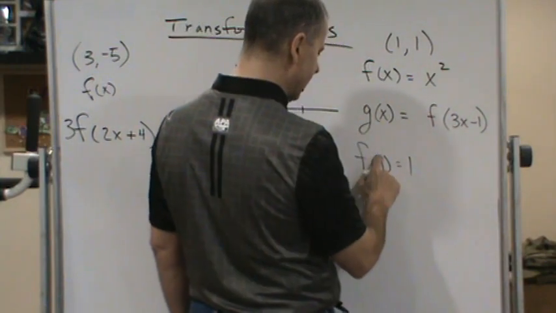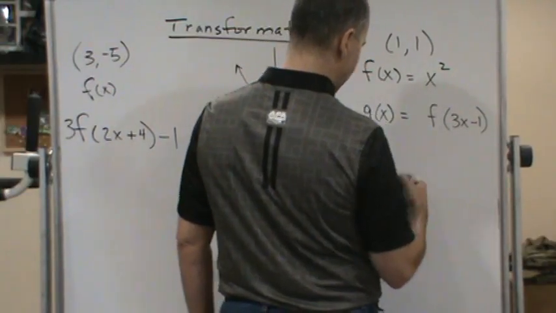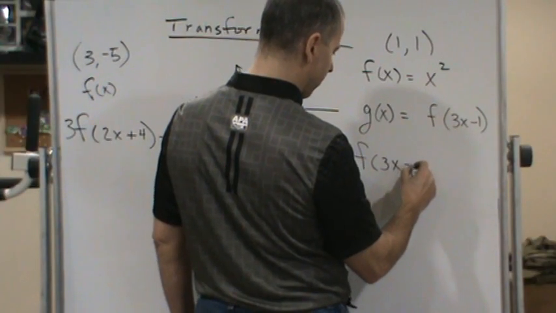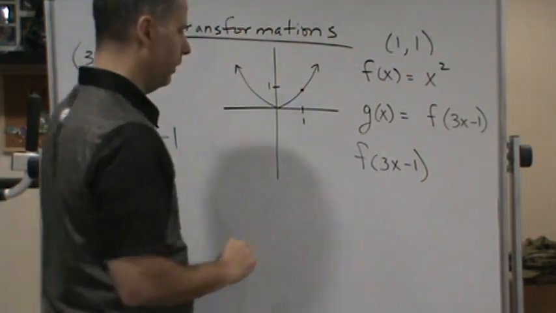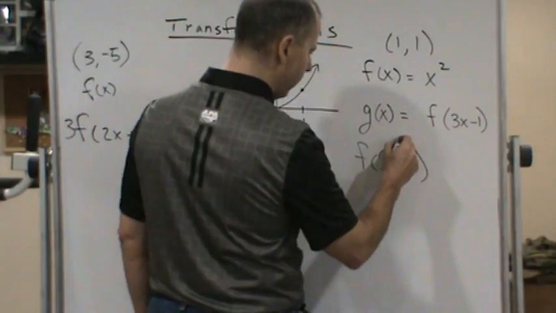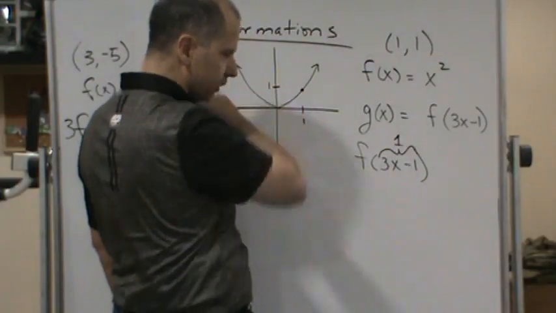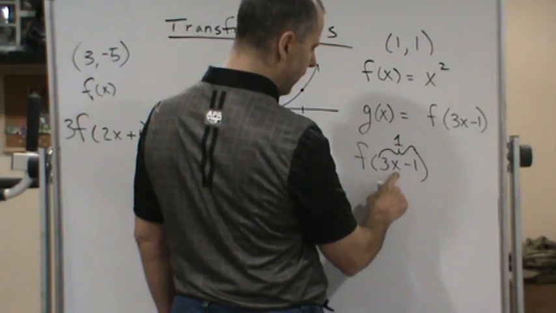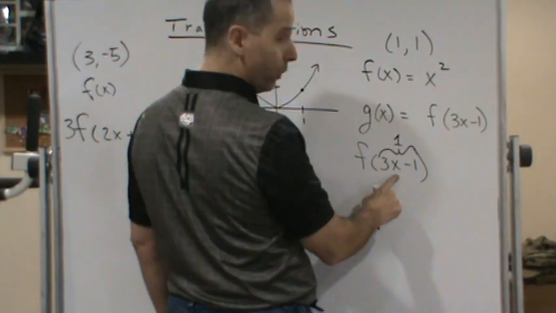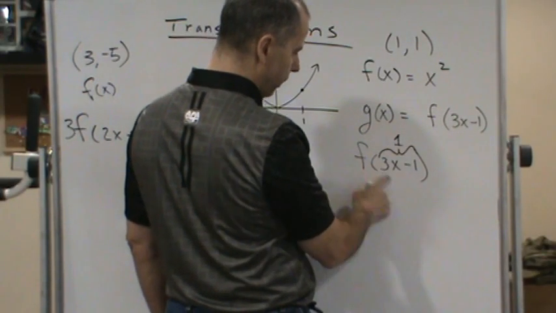And so in order to see that, we say, we know f of 1 is equal to 1, and we're trying to figure out what happens to that value when we have this transformed function. So what if we just say, we know what happens when this is equal to 1? Think of this as our original x, and now this is our new x coordinate. So what value of x do I need in order for this whole thing to be equal to 1?